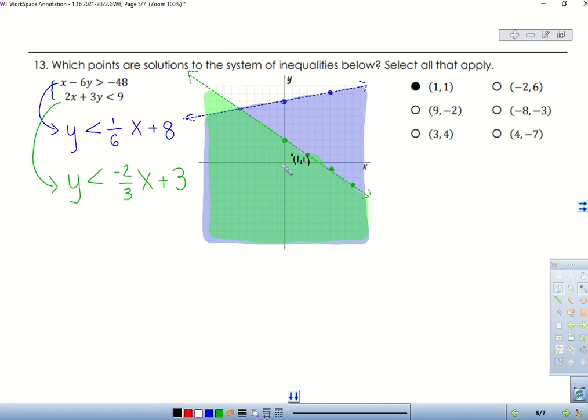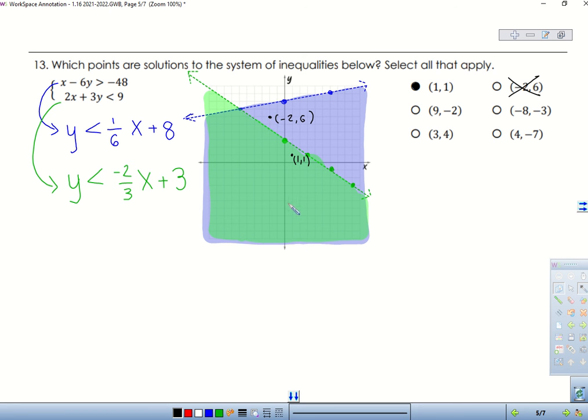Now let's look at negative 2, 6. So we go over 1, 2, and up 1, 2, 3, 4, 5, 6. What do you think about negative 2, 6? Does that fall in the double shaded region? No, it only falls in the blue, which is not what we're looking for.